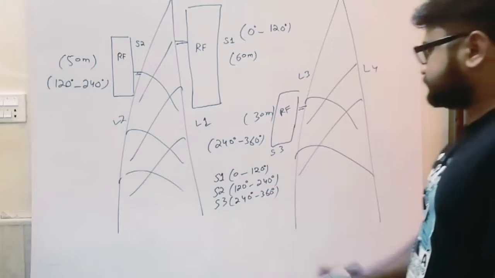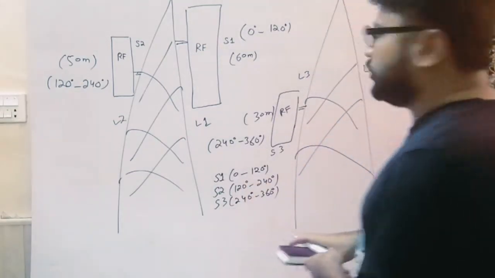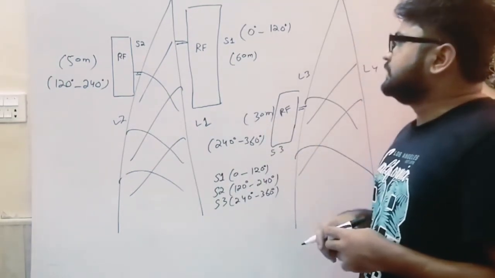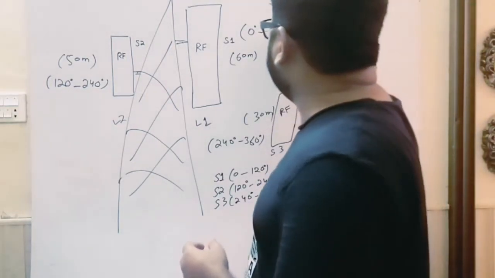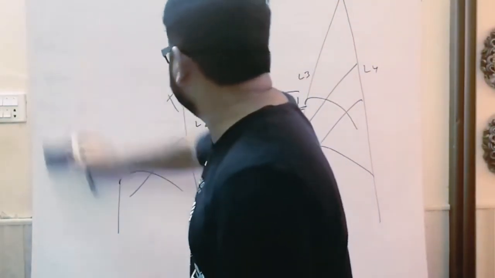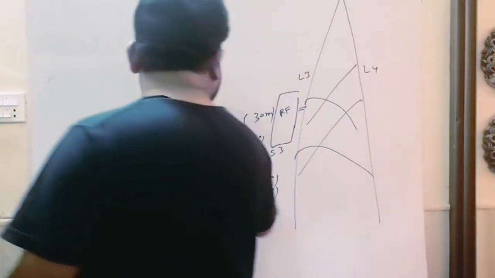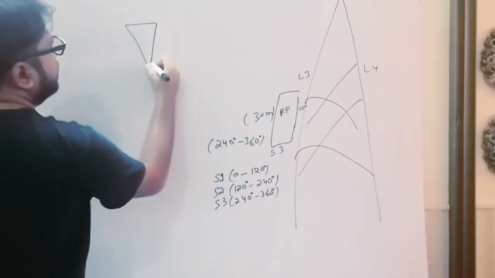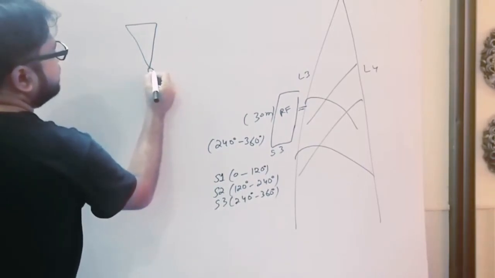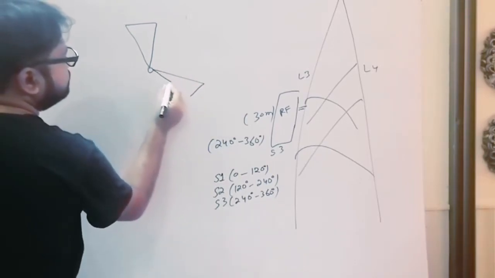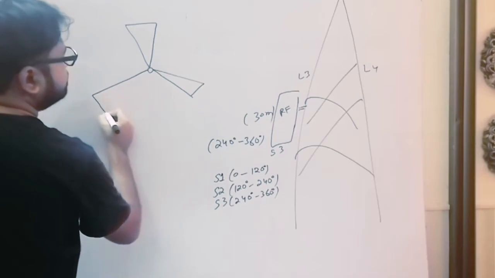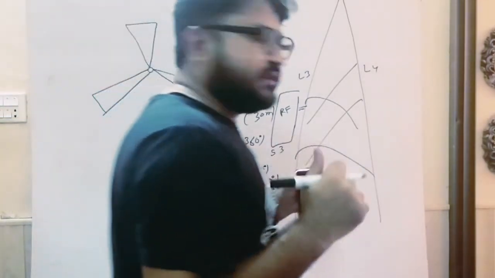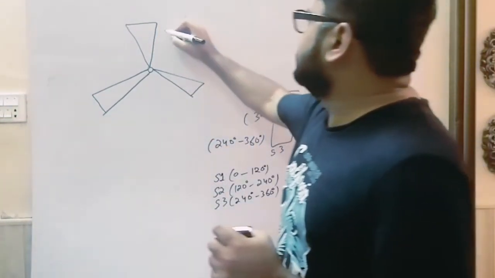I hope you have written this down in your notebooks, and now I am going to erase this one. As this is the cell site tower, our sector 1-wise division will be like this.